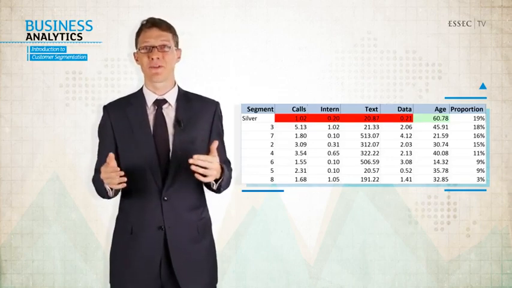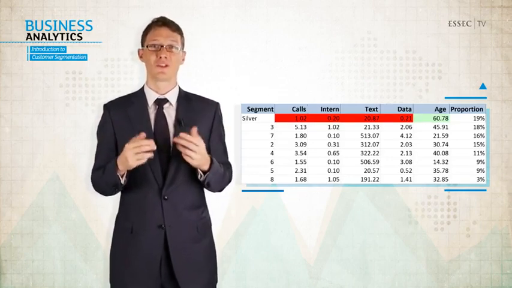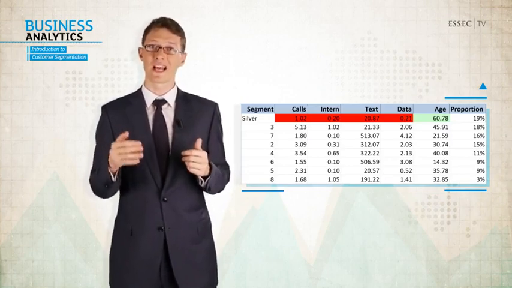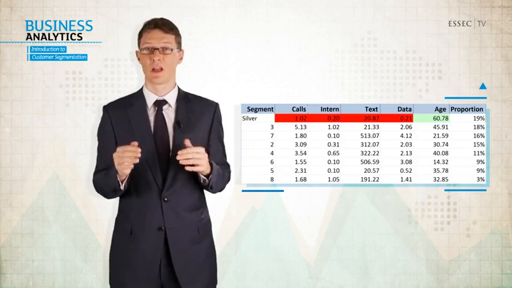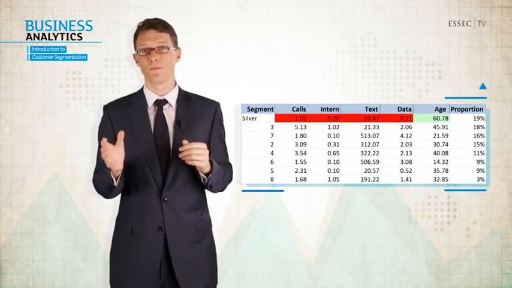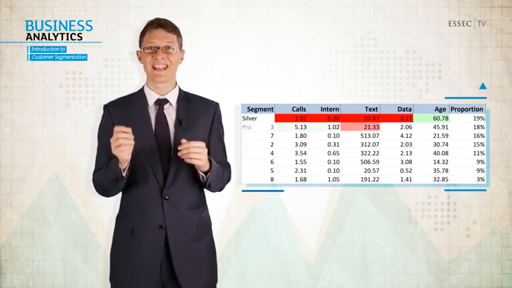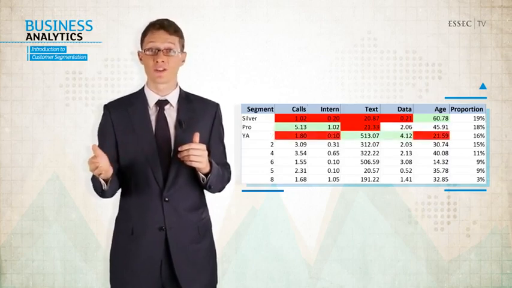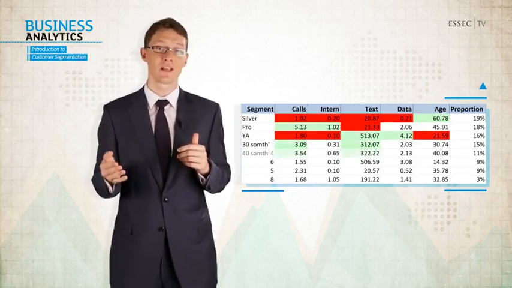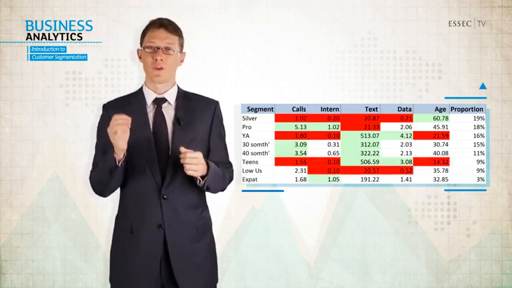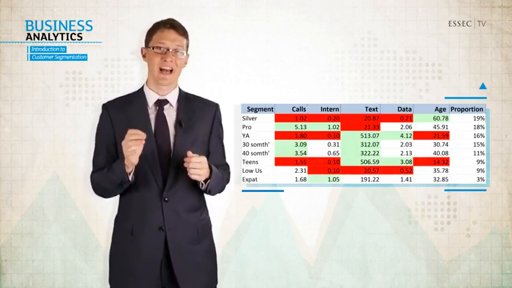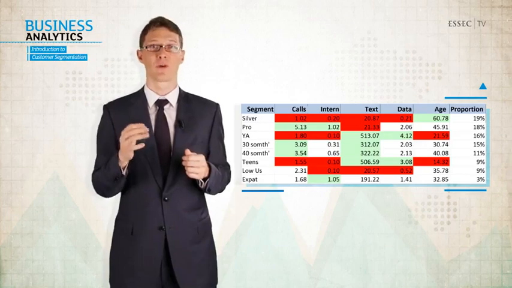Let's call this segment the silver. The second segment makes a lot of national and international calls, but fewer text messages. Let's call them the pro. We can then identify the segments young adults, 30-something, 40-something, teens, low usage, and expats. You can look at the exact data with the recital and the R code provided.